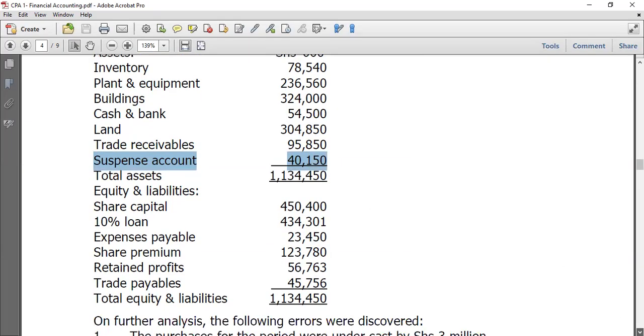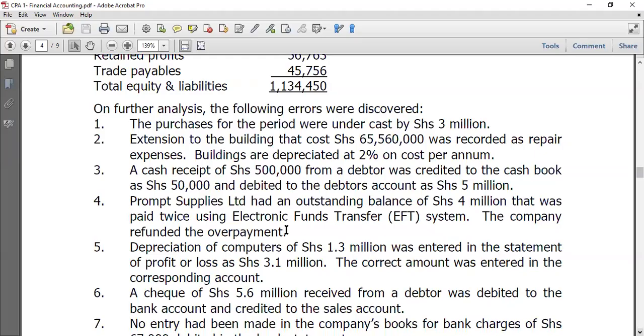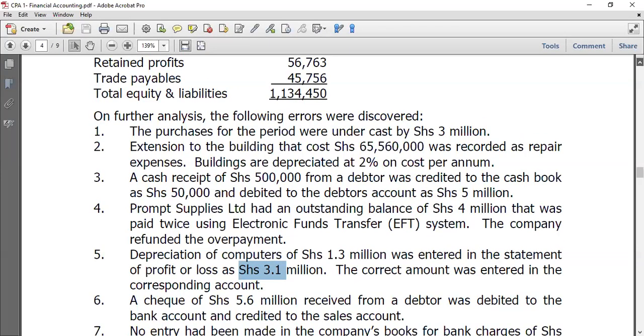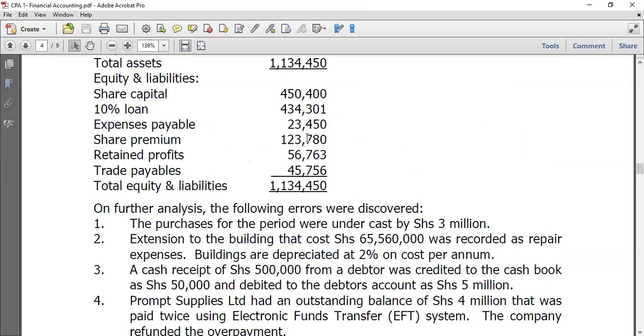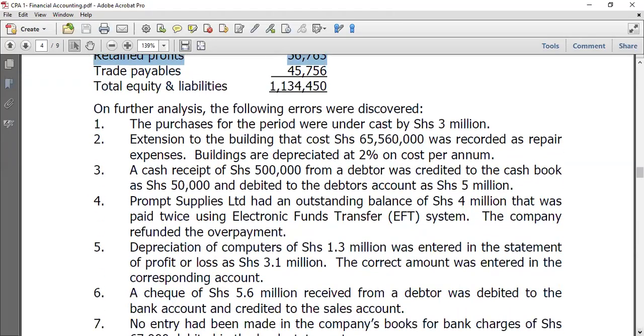So in this case, since they are telling us that depreciation was entered in the P&L at 3.1, we have to correct it. Now P&L, which is now coming here as retained profits, has a normal credit balance.